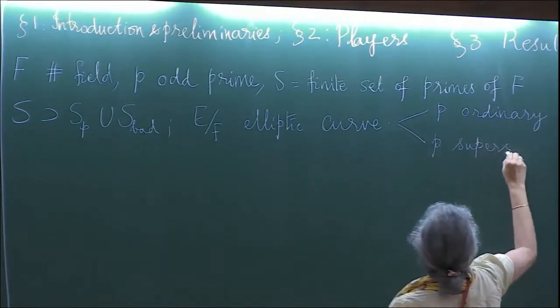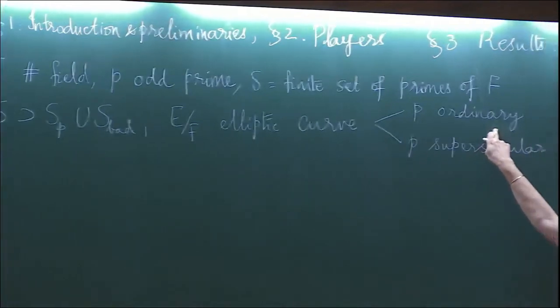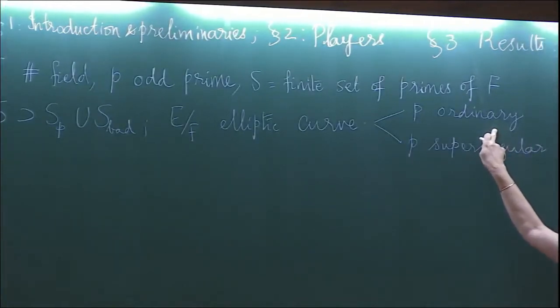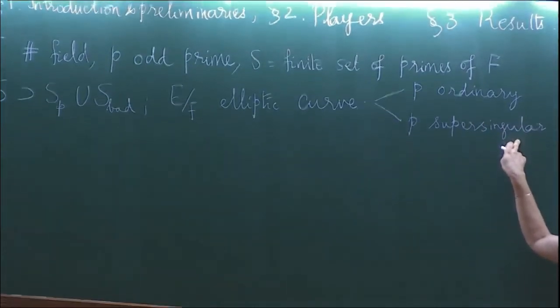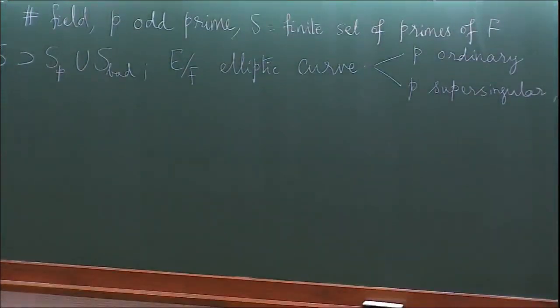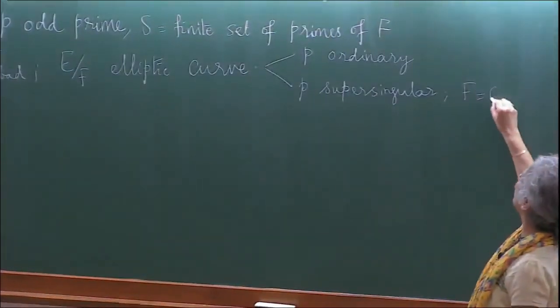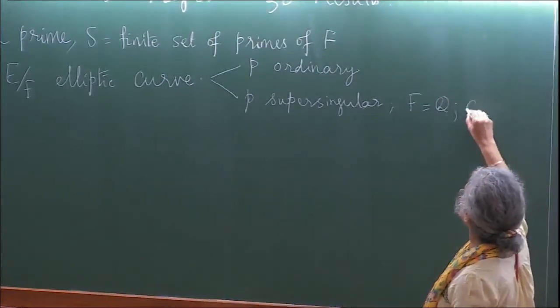By this I mean strong ordinary, by which I insist that E is ordinary at all the primes lying above P. In the supersingular case, I'll mostly be restricting to F equals Q and a_P equals 0.